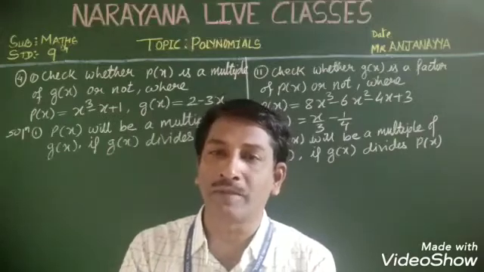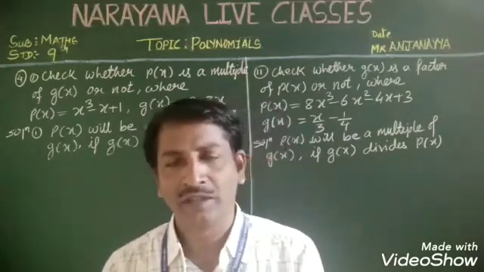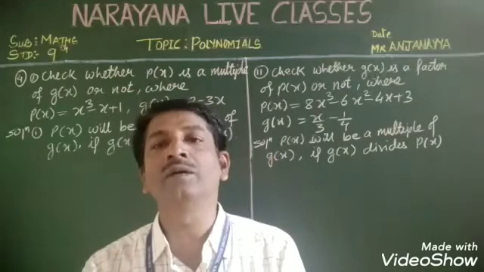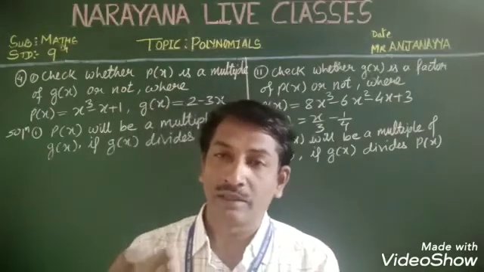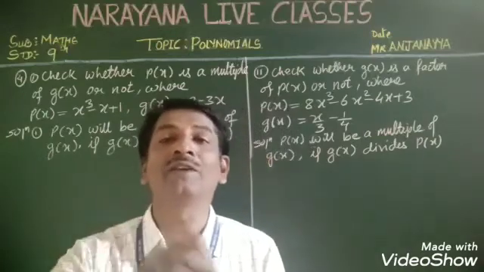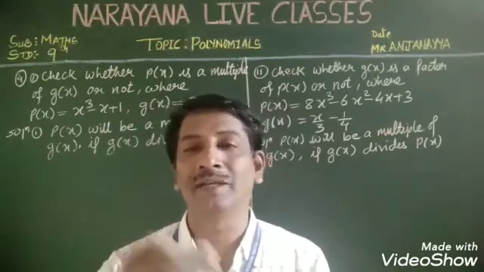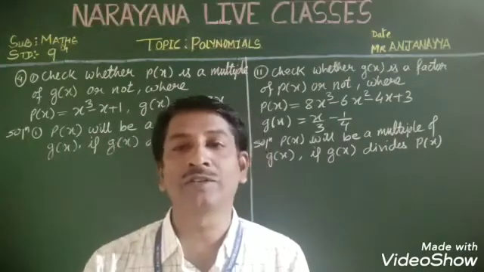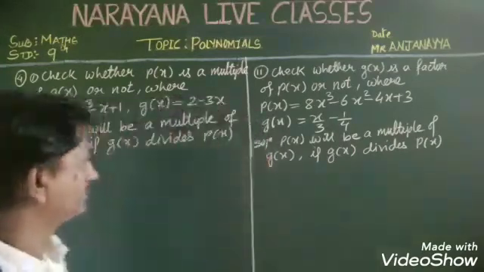The value of the polynomial is nothing but the remainder. If the remainder is 0, then we say it is a multiple. If the remainder is not 0, then we say it is not a multiple.